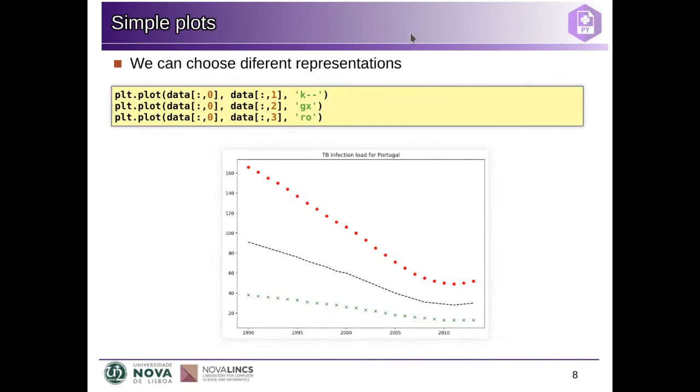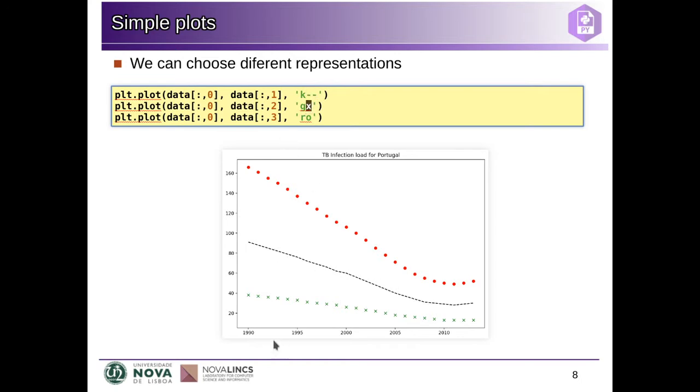Now you can choose different kinds of representations, either by changing the string there. This format string has lots of different options. So if you have some knowledge of MATLAB, you'll probably recognize this format string. It's the same kind of thing. You can use the dashed line, for example, for this one.